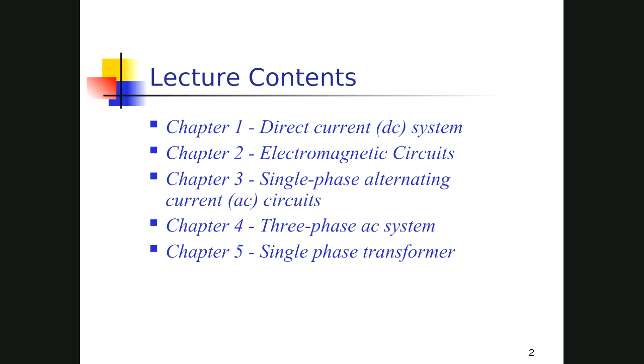So the electricity that we use now is generated in the power plant in three-phase, not single phase. Okay. So after chapter 4, we touch on the electric machines. The first one is the single phase transformer.